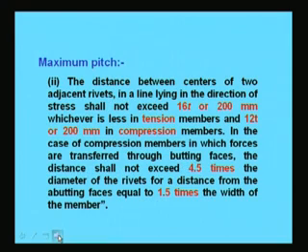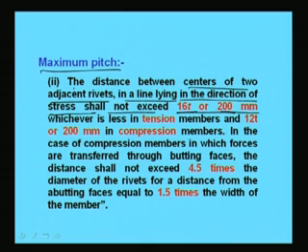This is one. And the other thing is that the distance between centers of two adjacent rivets, that means pitch, in a line lying in the direction of stress shall not exceed 16 T or 200 mm, whichever is less, in tension members.